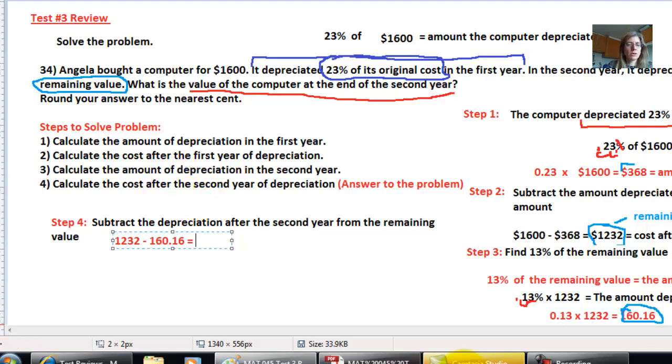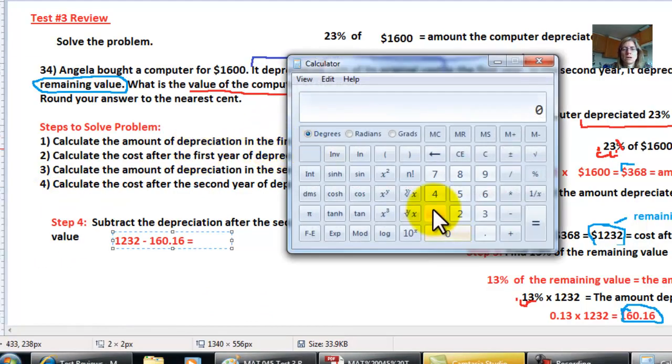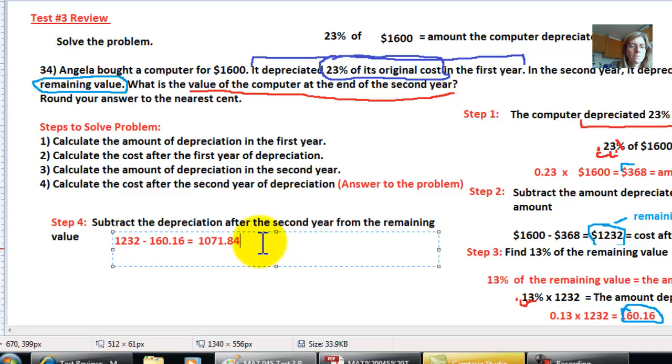So 1232 minus 160.16 is $1,071.84. That total is the cost of the computer after the second year.